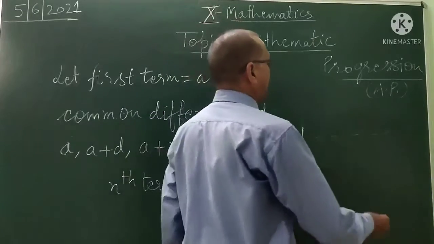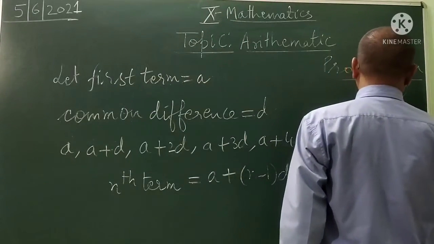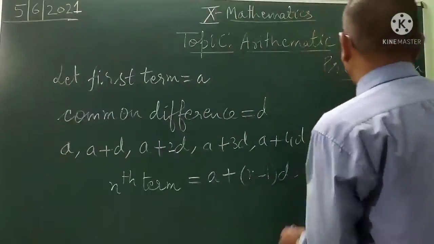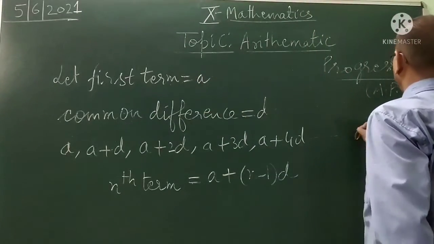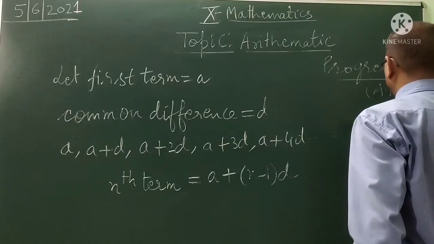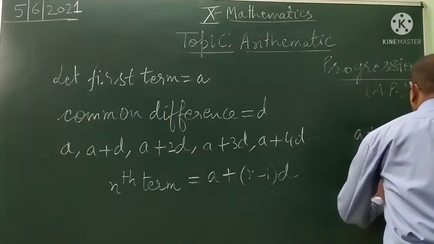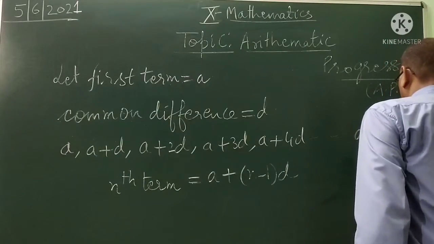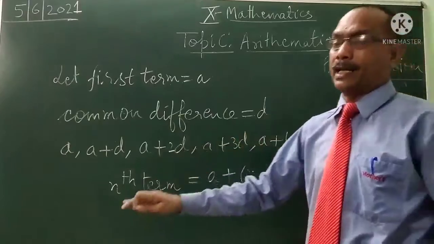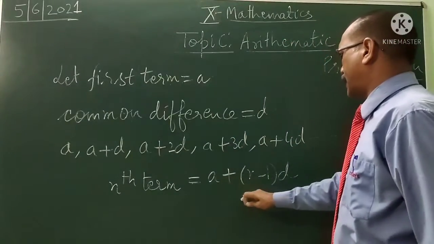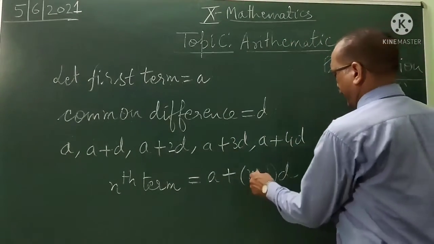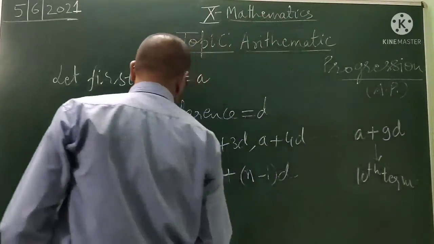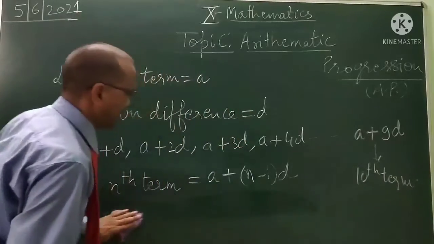If we write the 10th term, then that will be a plus 9d. A plus 9d is the 10th term. Similarly, if we write the nth term, then it is a plus n minus 1 into d. So there is a formula for the nth term.